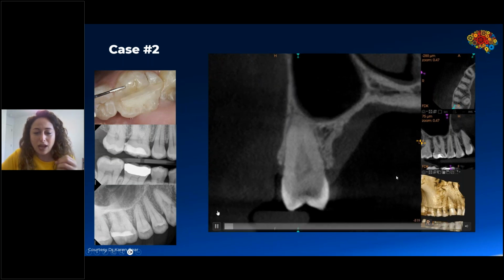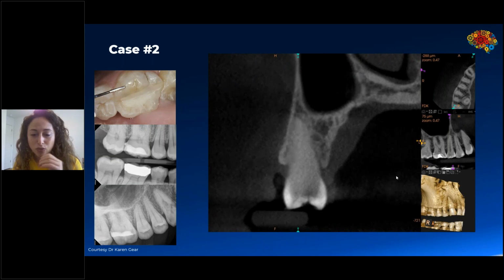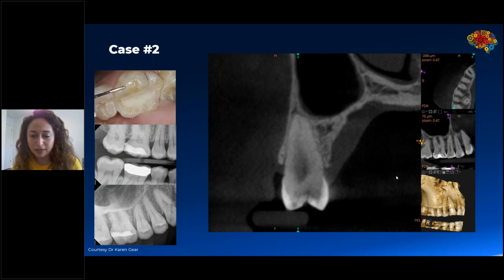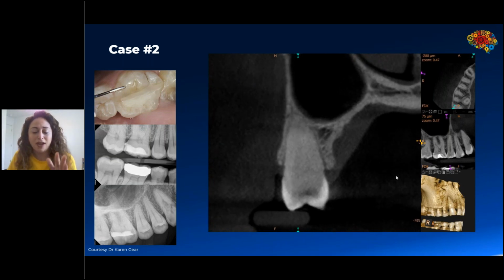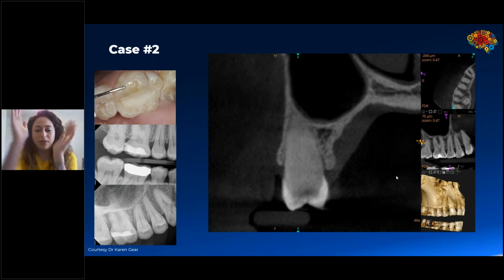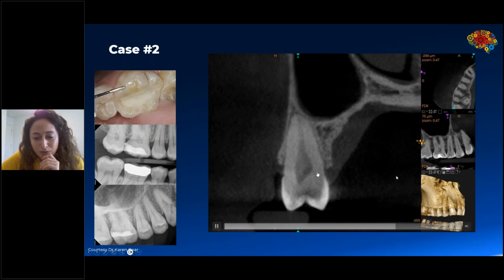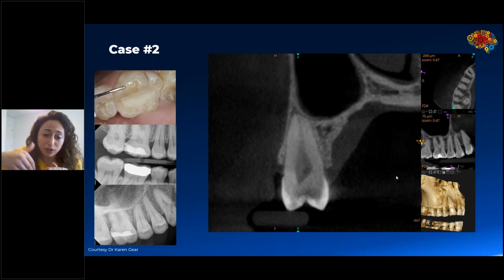So as I'm scrolling on this view, I want you to pay attention to start from the occlusal plane and try to find 2 lines that are really like a V shape. So let me point out one of them. So that's our first line. And as we're scrolling, you're going to see bits and pieces of it. It's an oblique line. It's not really a vertical fracture.